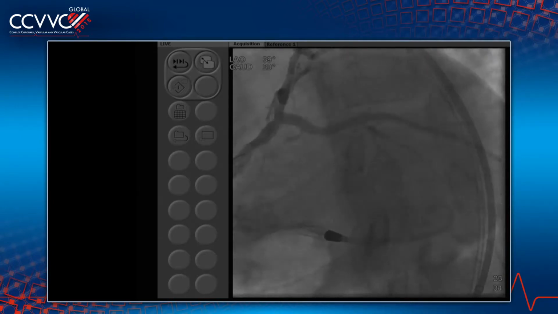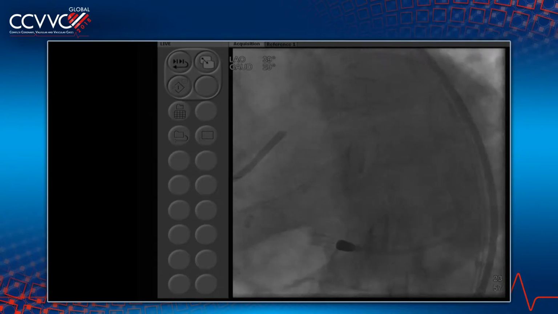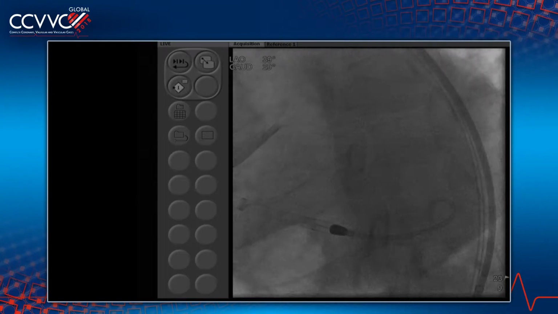No, going back to the question whether we need LV support or not, I would say in this particular patient who has such severe LV dysfunction, echo showed some mild to moderate MR, but more important is his EDP.